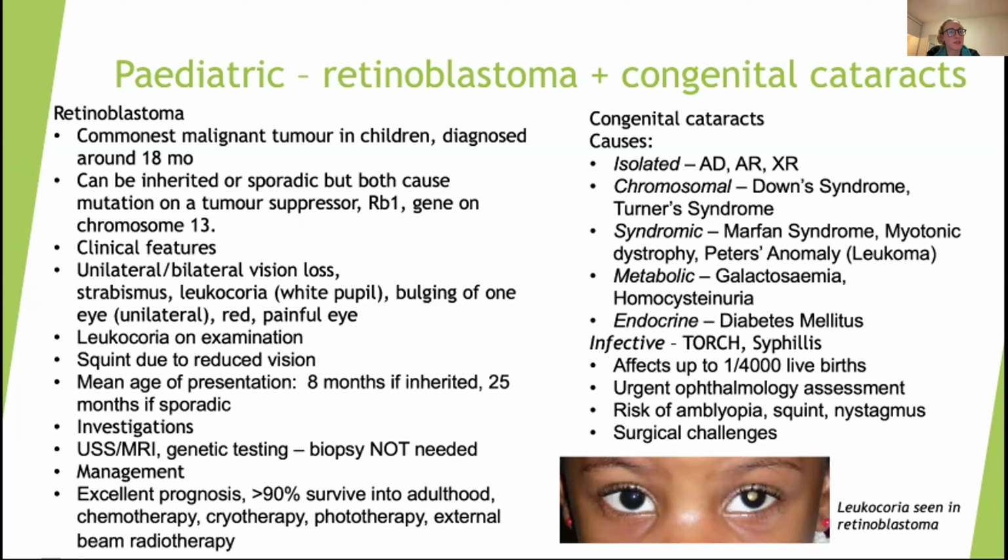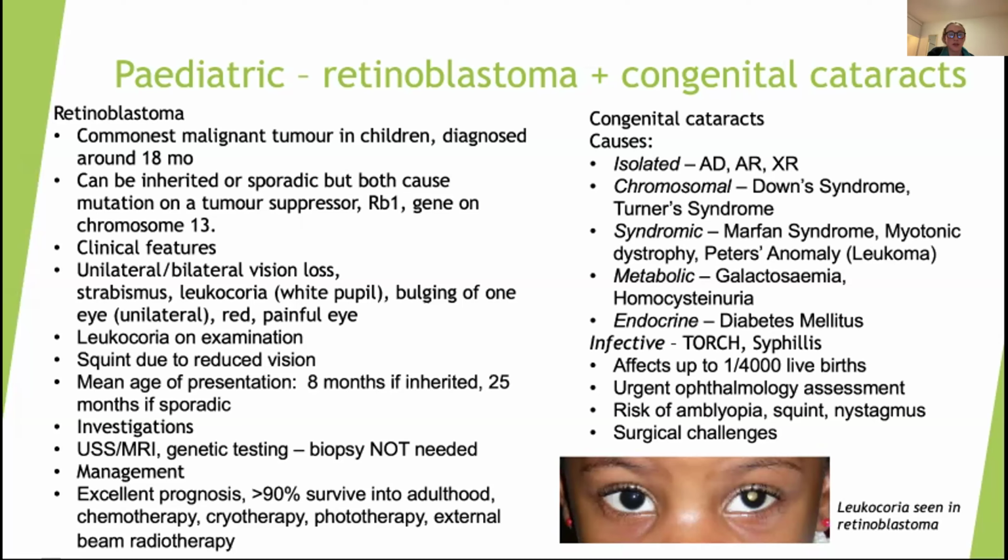There are some mutations that are associated with it, but the main clinical feature, which you look for in the NIPE exam on newborn babies, is leukocoria, a white pupil. And any white pupil, you want to be thinking retinoblastoma and ruling that out.